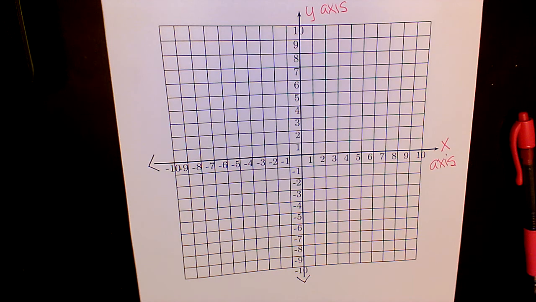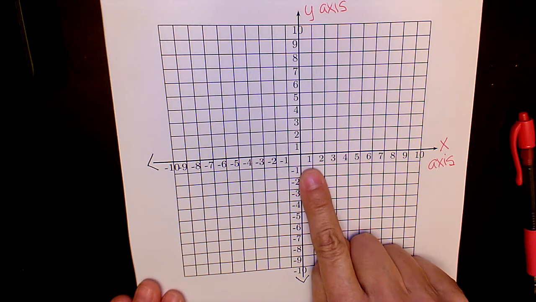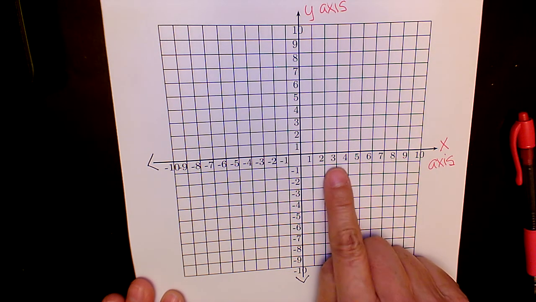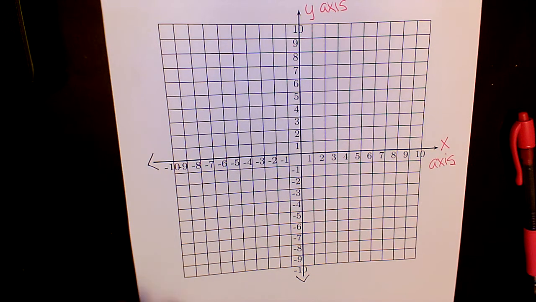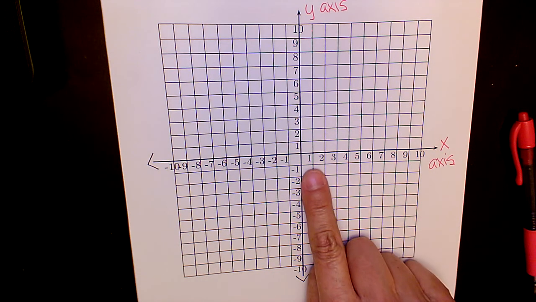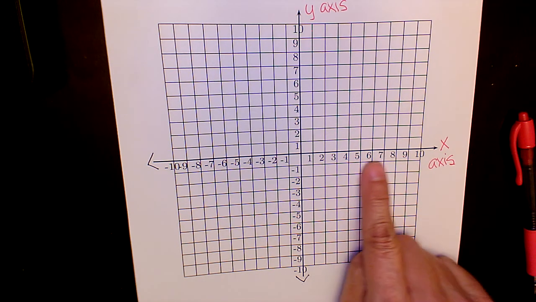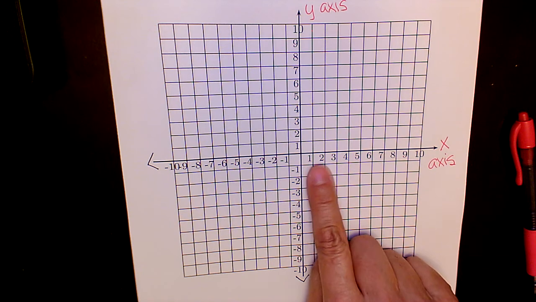Our point has an x part and a y part, so that definitely helps us graph the points. This graph is numbered going by ones. Does it always have to go by ones? No. It can go by 2s, it can go by 5s, but be consistent when you're labeling each of these tick marks.